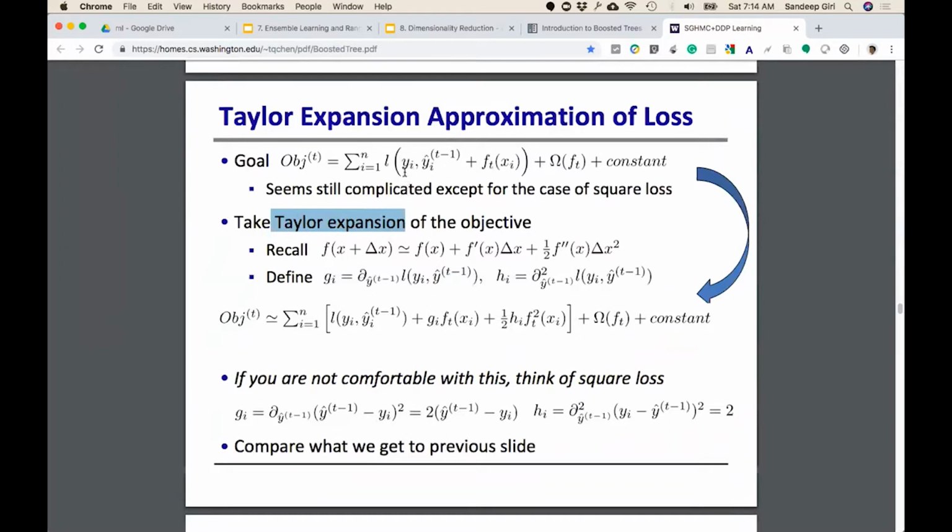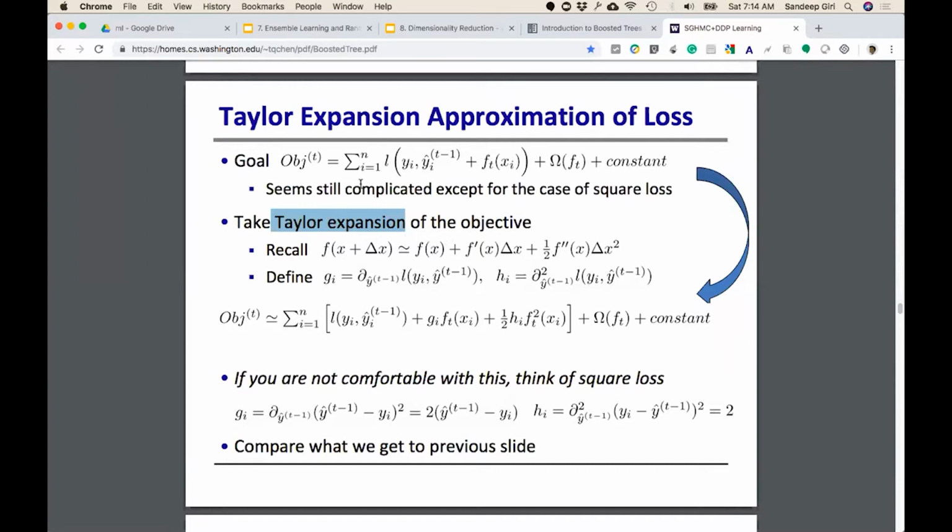You don't need it, but it generalizes the function, so that if you want to use some other performance measure instead of mean square error as the loss function, you can use this. It generalizes very well.